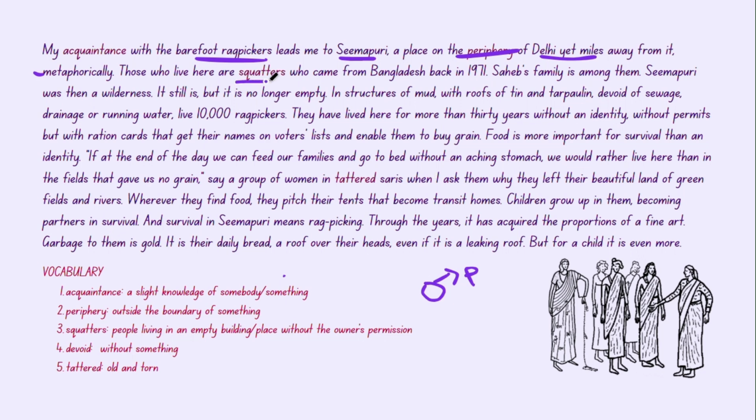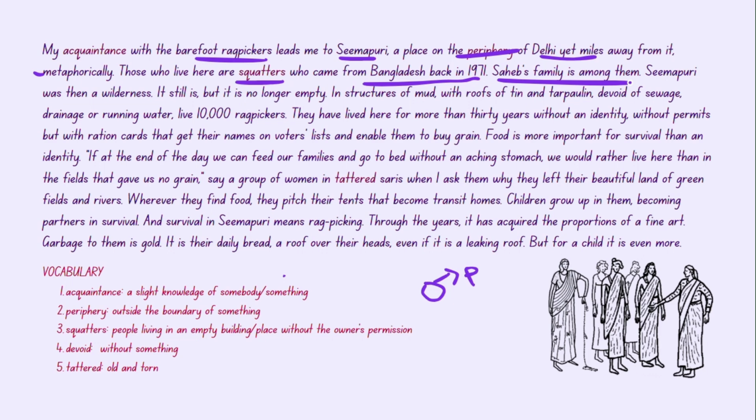Those who live here are squatters who came from Bangladesh back in 1971. Saheb's family is among them. So they came from Dhaka, if you remember from the first paragraph of the story. They came from Dhaka because their fields were destroyed and their homes were destroyed. So they were squatters.